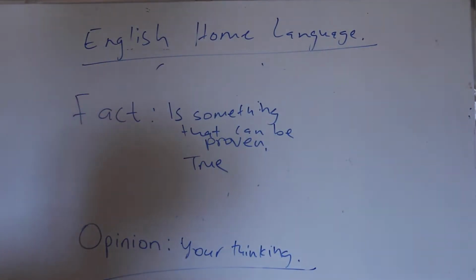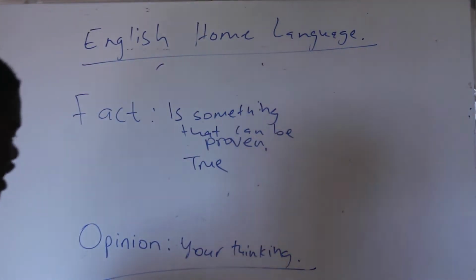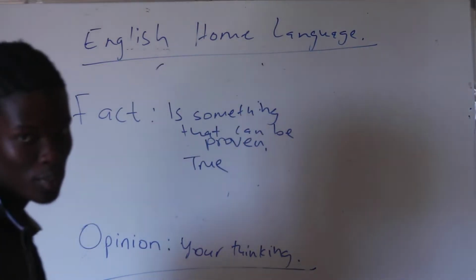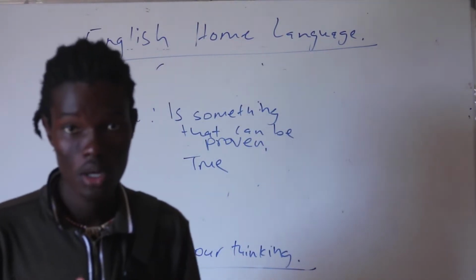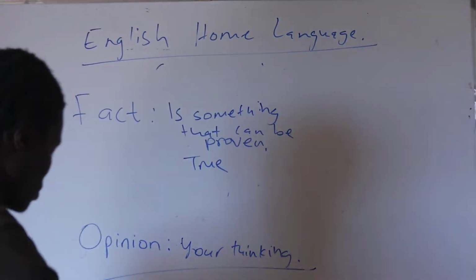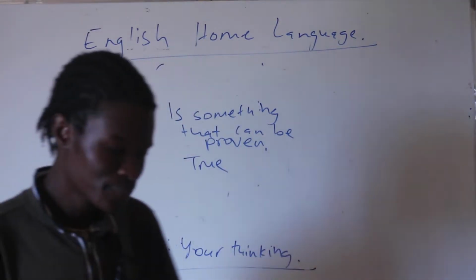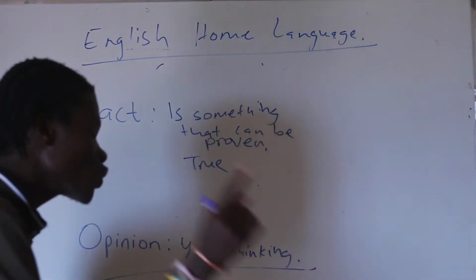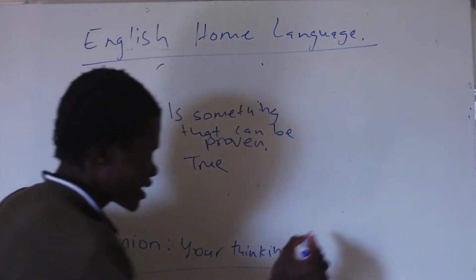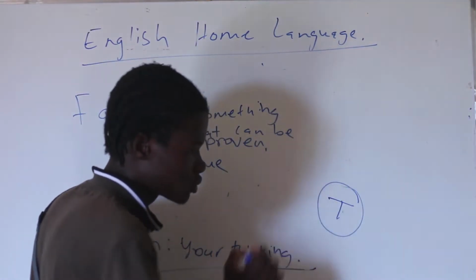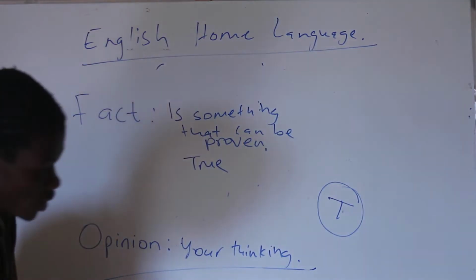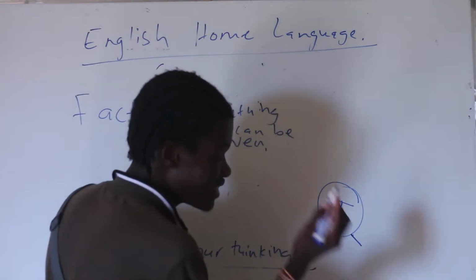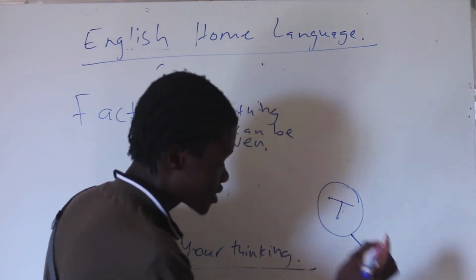Now you're probably asking yourself, why am I asking about fact and opinion? It's because it links a lot with the comprehension. If you notice when I was teaching technical questions, or technical understanding, those types of questions have factual answers.